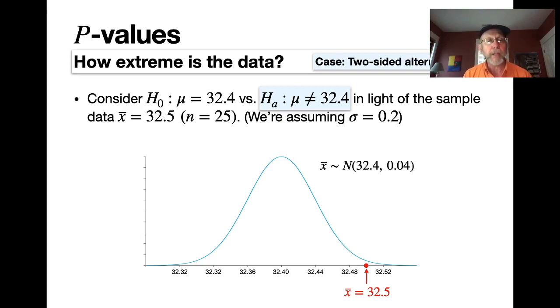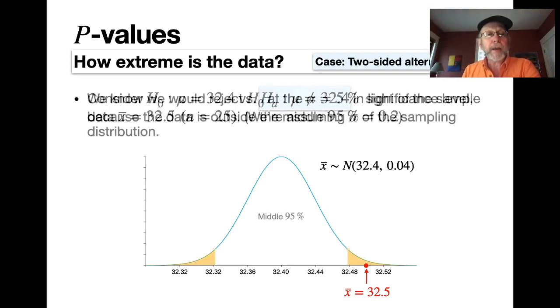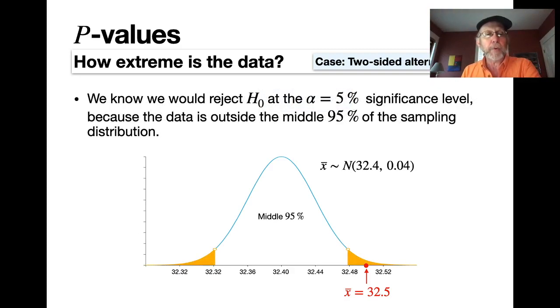The standard deviation of x bar is sigma over root n, 0.2 over the square root of 25, or 0.04. And you can see where our data lies. It looks like it's extreme, and it's certainly outside the middle 95%. And so our data would be extreme, assuming the null hypothesis is true.